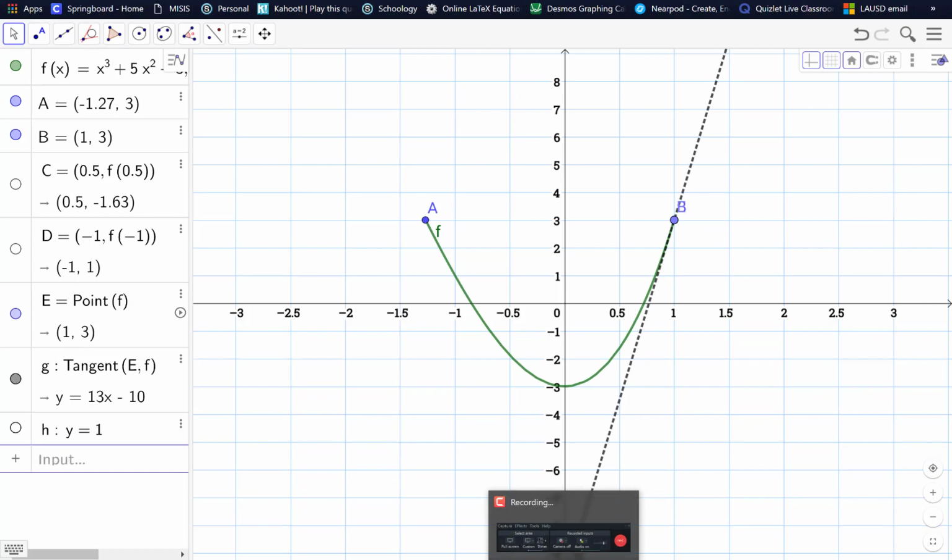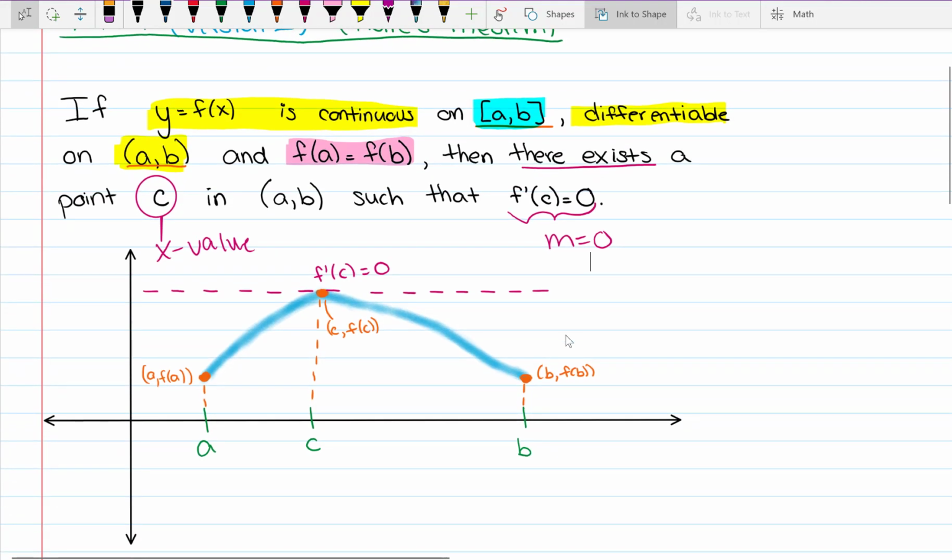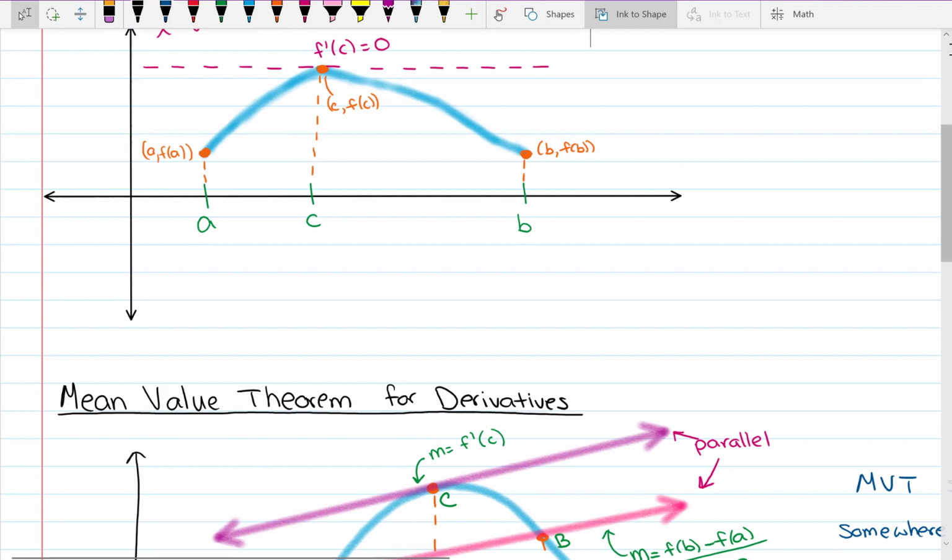So going back to this, here's just a curve where f of a is equal to f of b, and so we get that it goes up, and then look, the derivative has to be 0 here, and it goes down. That's one part of the mean value theorem.